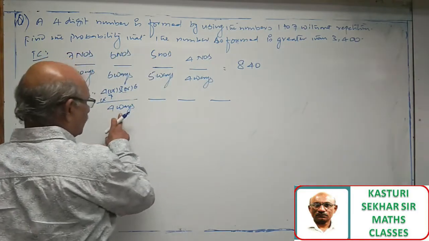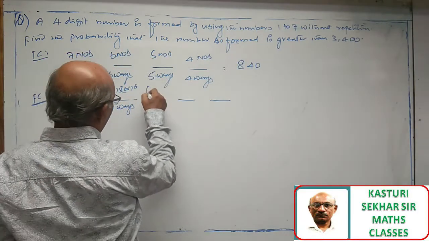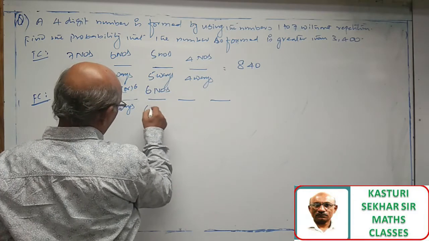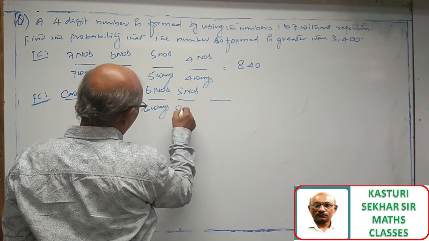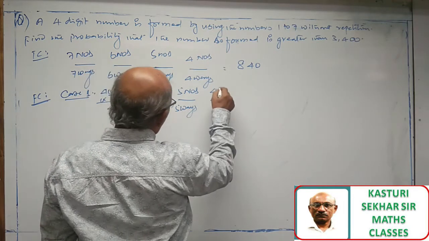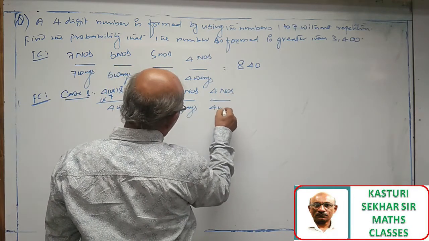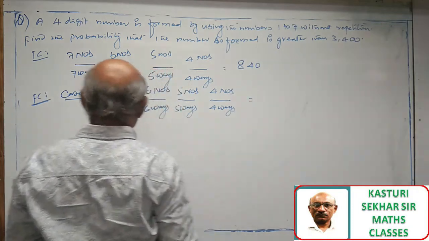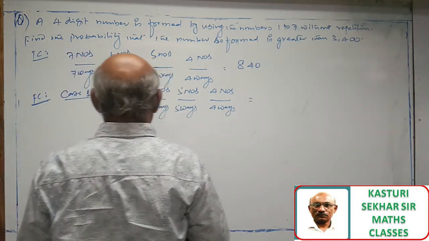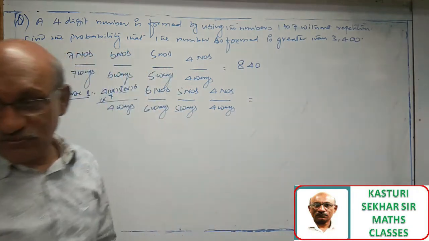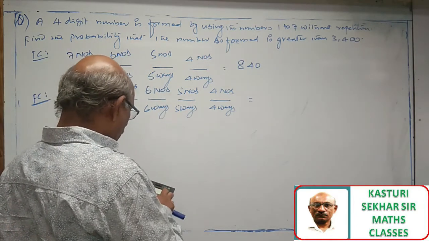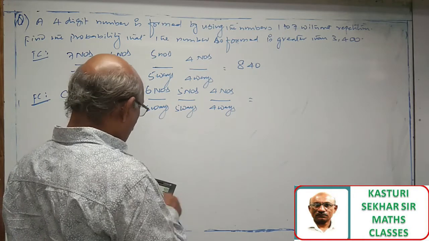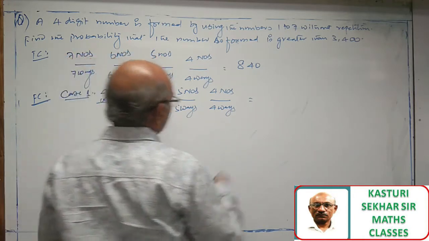Out of 7 numbers, when 1 number is used here, 6 numbers are available here. This can be filled in 6 ways. 5 numbers are available. This can be filled in 5 ways. 4 numbers are available. This can be filled in 4 ways. So this is 24 into 20, 480, sir.